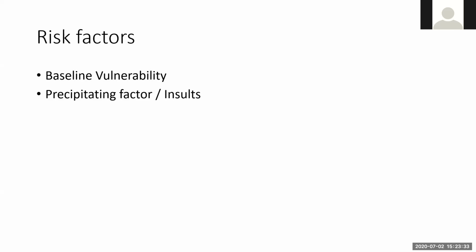So we have a vulnerable population who are at higher risk. So it is very important to identify these patients beforehand when they come to the hospital, so that we can identify the risk factors and modify them so that they don't go into complete delirium.